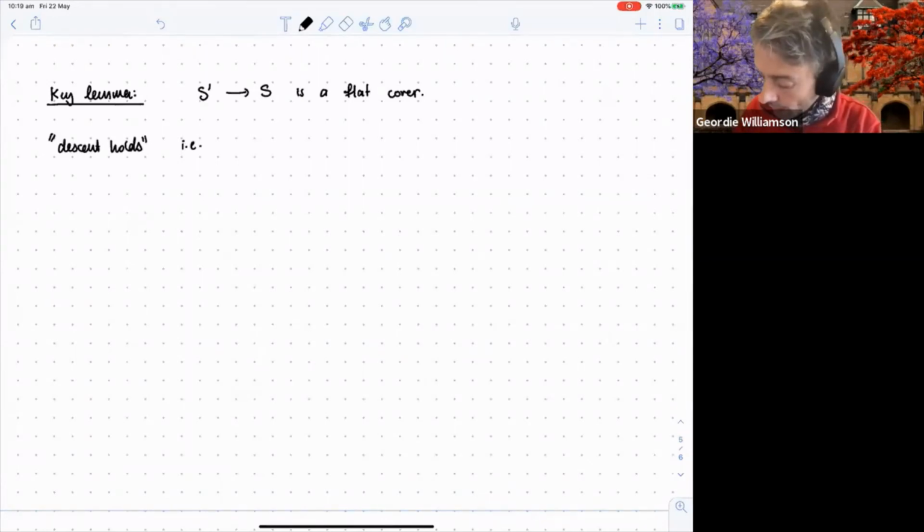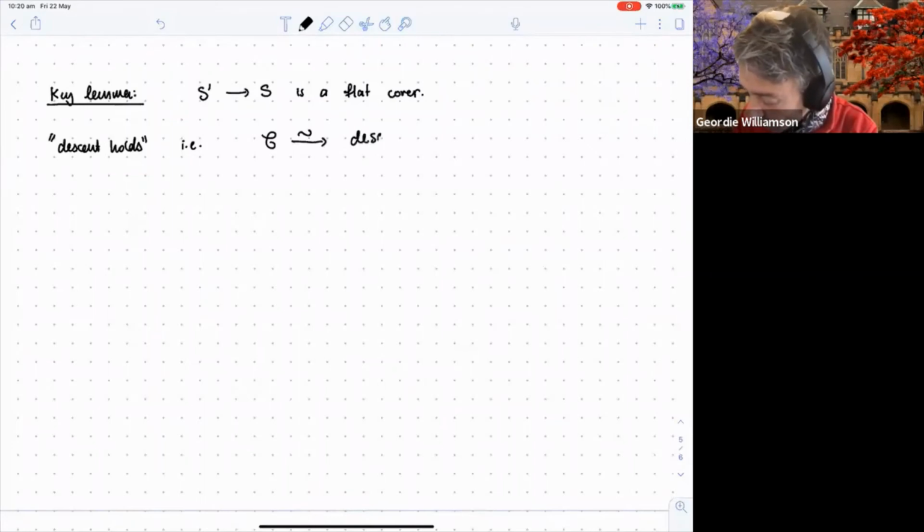I.e., to give C is equivalent to the, so it's kind of descent data. C is equivalent to the category.